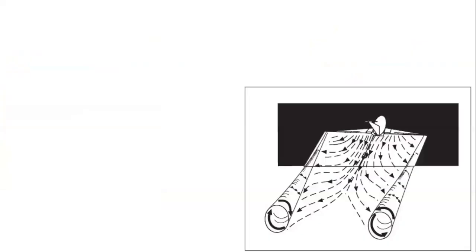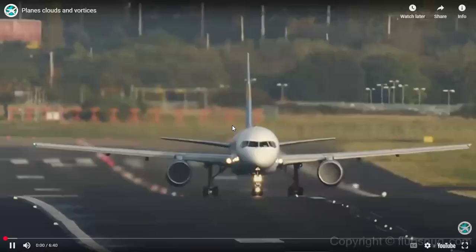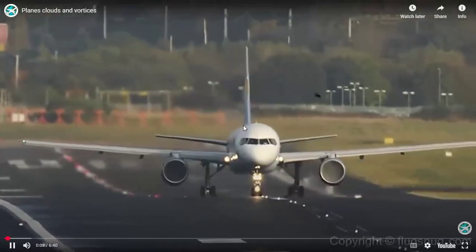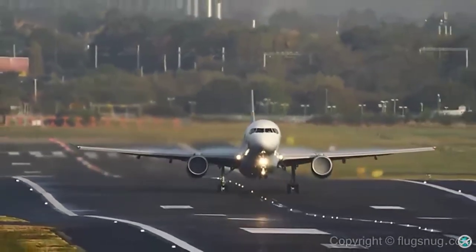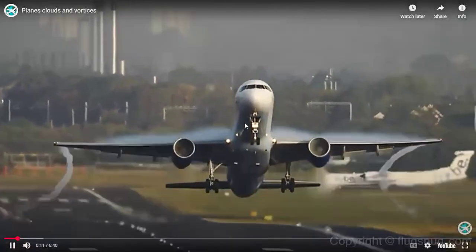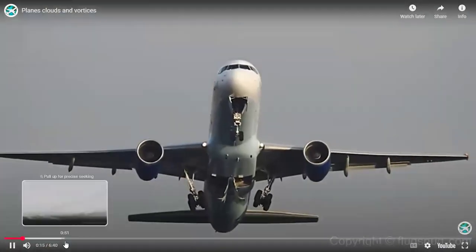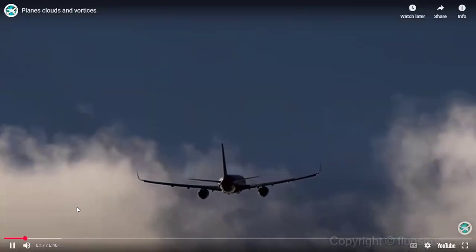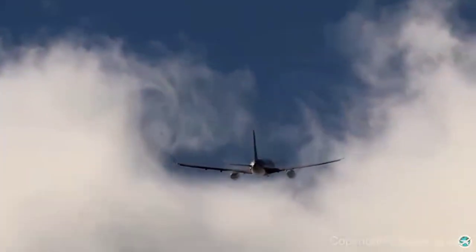Here I have a video of it to show you guys. Okay, here you see the vortices as it actually goes through.